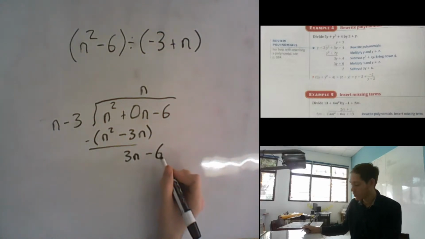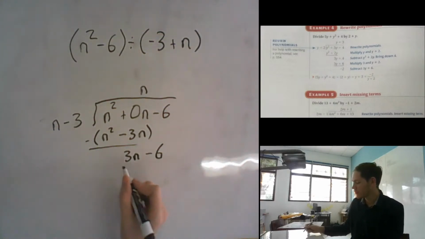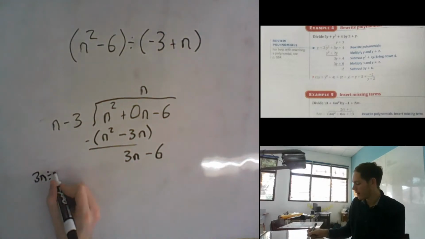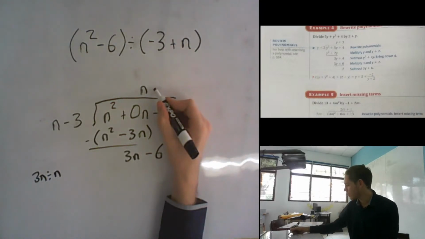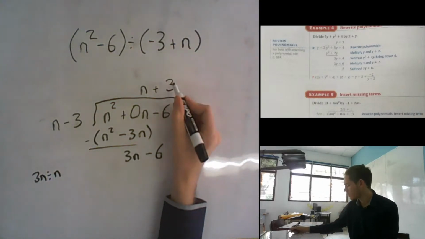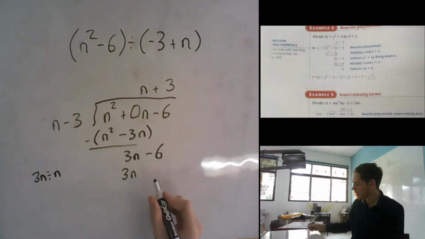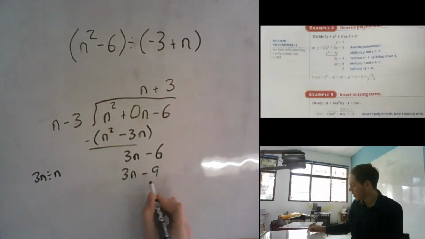Positive 3n minus 6. Divide 3n by n. You get plus 3. 3 times n is 3n. That's correct. 3 times negative 3 is going to be negative 9.